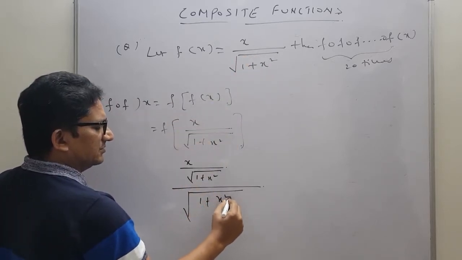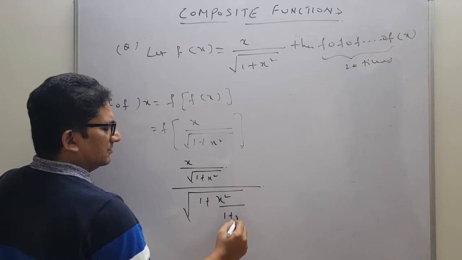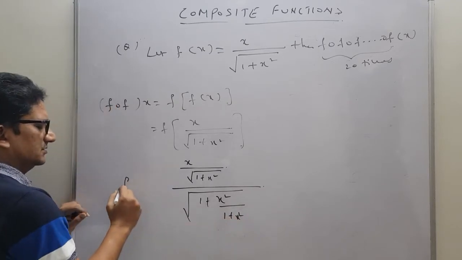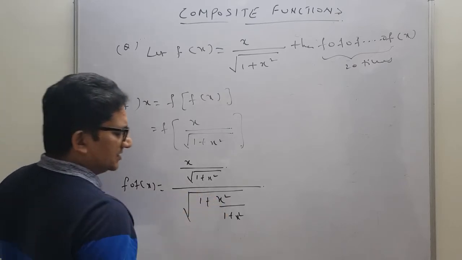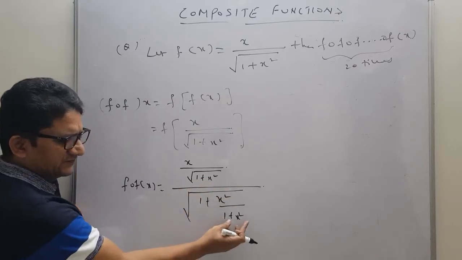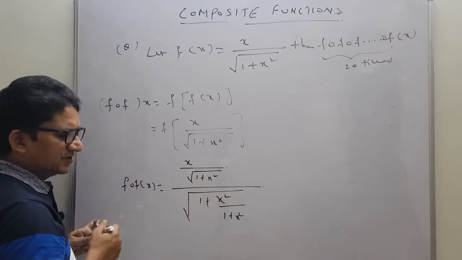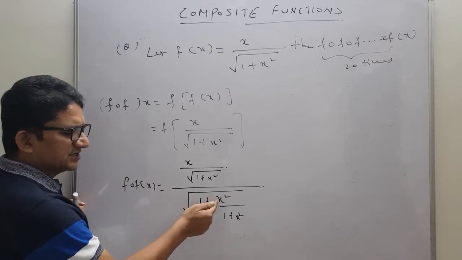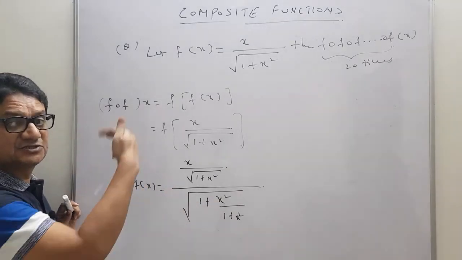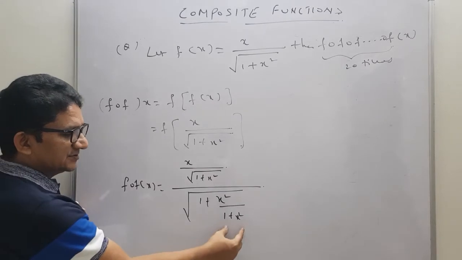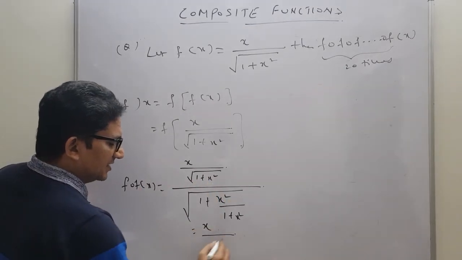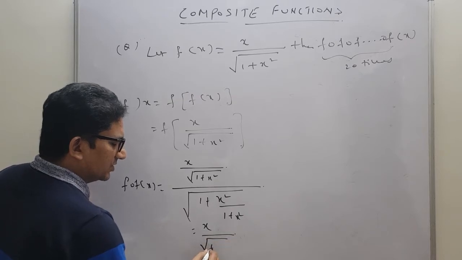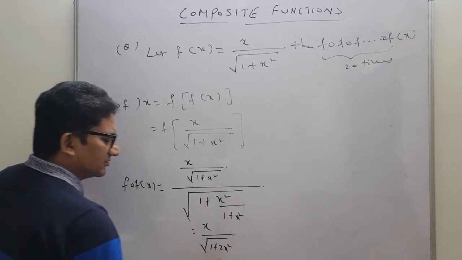The square of this one will be x square by 1 plus x square. So this is f circle f of x. Now if we observe the denominator and take LCM, we get 1 plus x square plus x square, which is 1 plus 2x square, and this part gets cancelled. Finally, what is left is x divided by root of 1 plus 2x square.